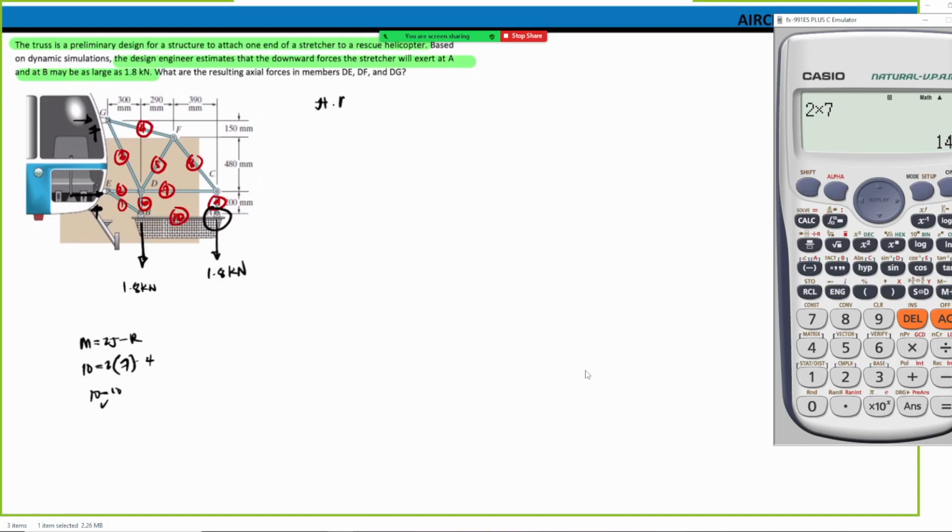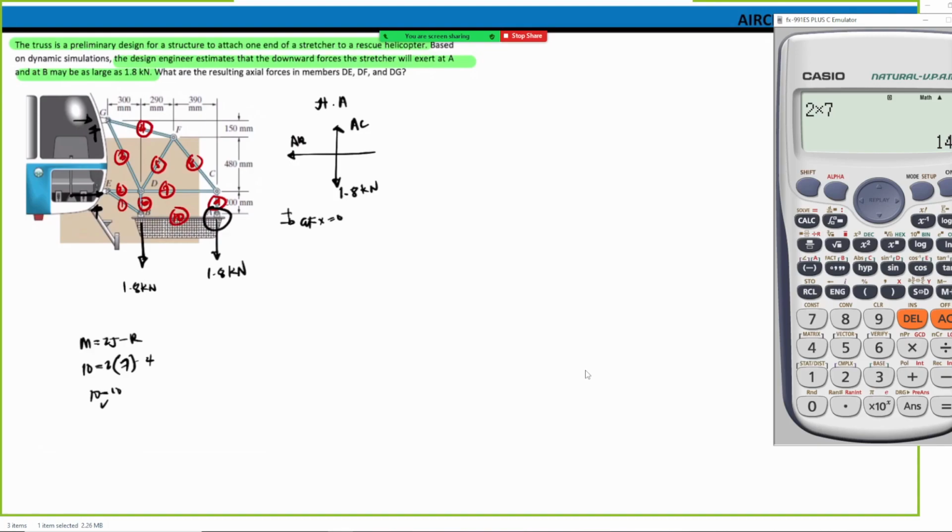Okay, joint A, meron kang 1.8 kilonewton and then, sorry, that is member AC. Okay, member AC and your member AB. Summation forces X is equal to 0.